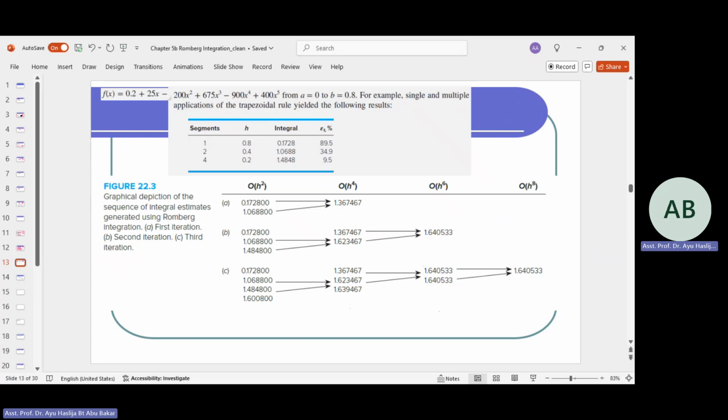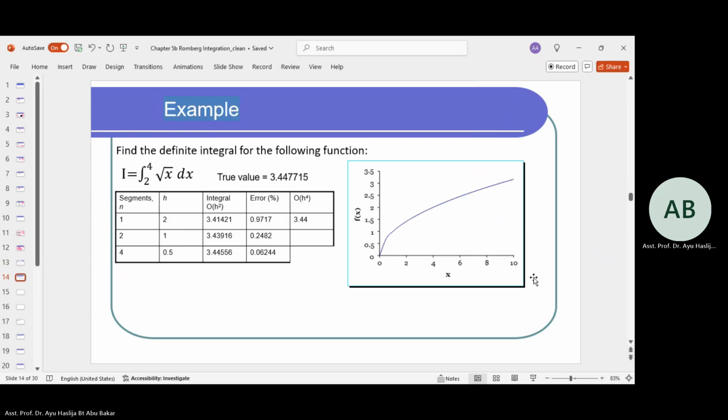Okay, so this one represents the calculation just now. The higher the level, the more accurate. So it will be approaching the true value. Okay. Now we try this example.